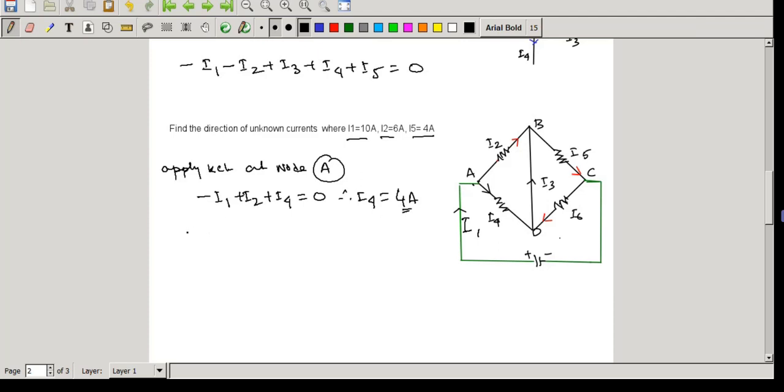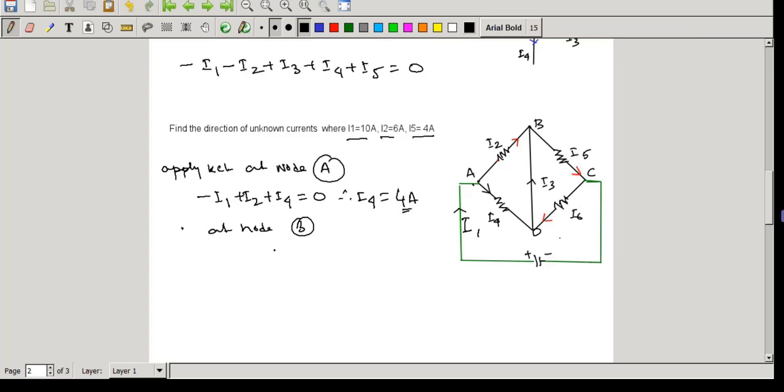Similarly, if we apply KCL at node B, we can find the other current also. At node B there are three currents: I2, I5, and I3. I3 is an inward current, towards the node, and I2 is also towards the node. These two, I3 and I2, are both inward currents, and I5 is an outward current.